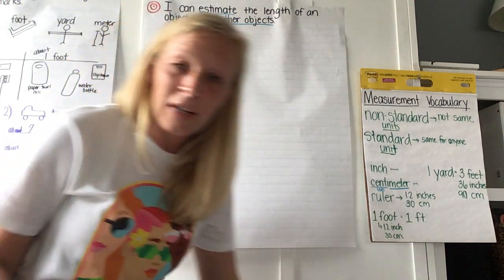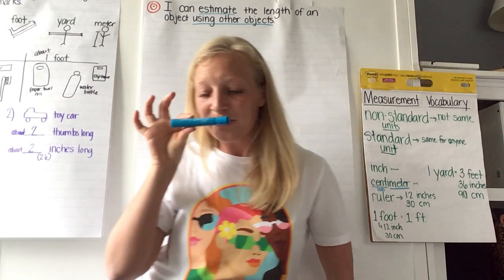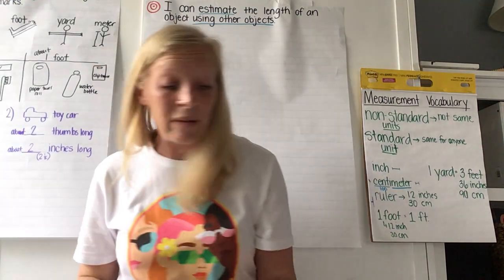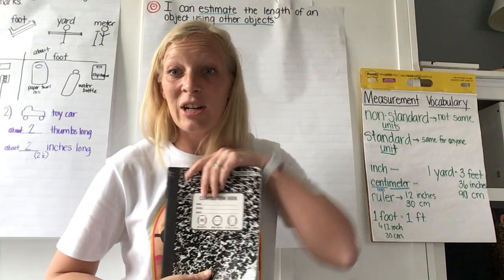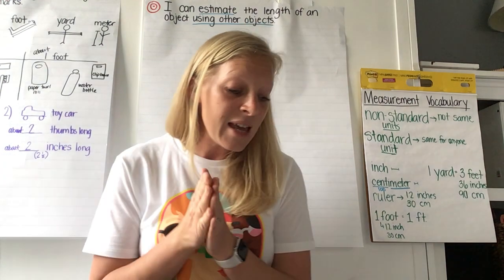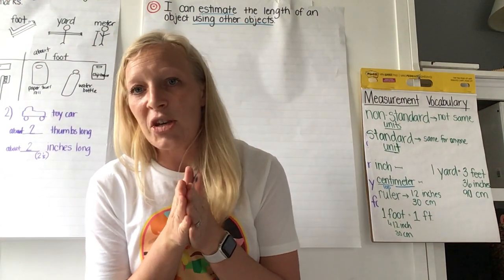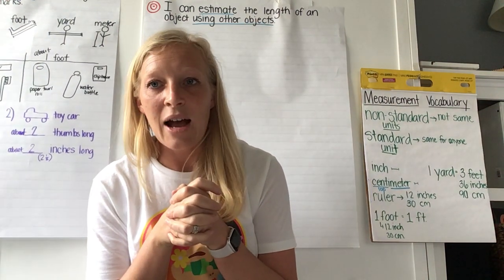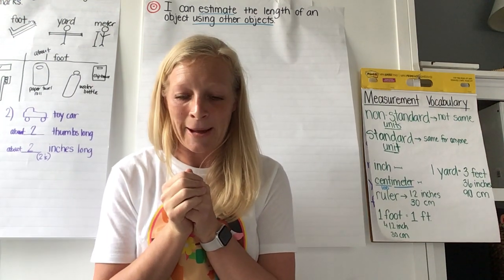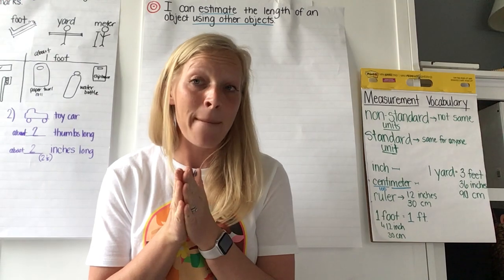So we're going to be measuring a couple different things. One, we're going to be measuring a marker, estimating it, and then doing the actual. We're going to be measuring our notebook. We're actually measuring this part, your math notebook, okay? And then I'm going to pose a problem to you, and we're going to see what this estimation challenge is, okay? So we're going to start off with a marker.